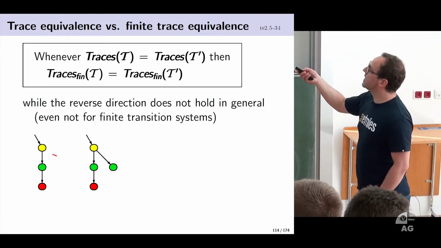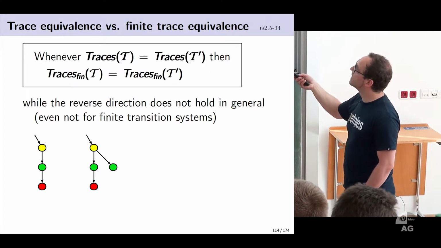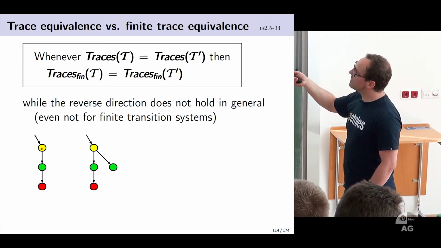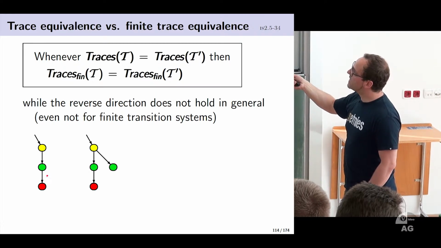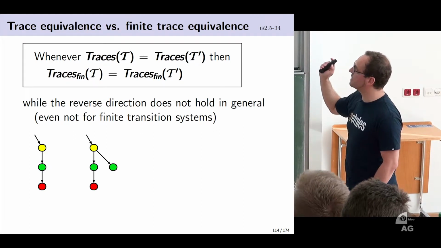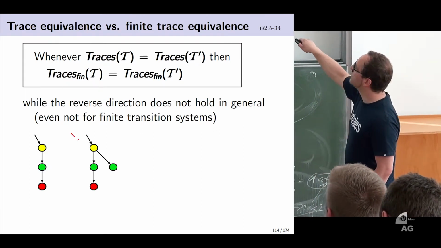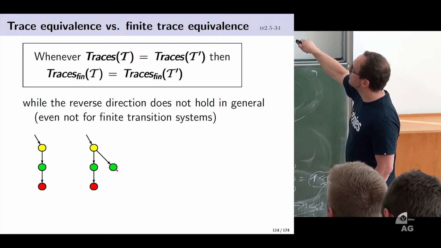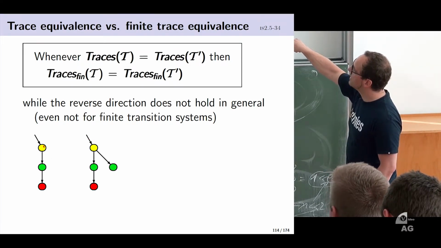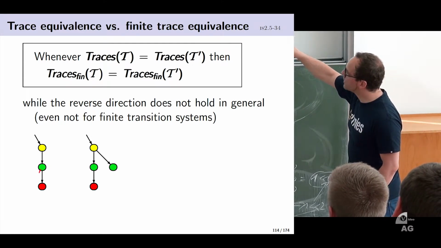So let's look at an example. Two very finite transition systems. And if you look at them, then the finite traces are the same, but the traces are not. Right? So here you have this trace that goes down there, but here, if you try to mimic that trace in the left-hand side, you need to continue from there.